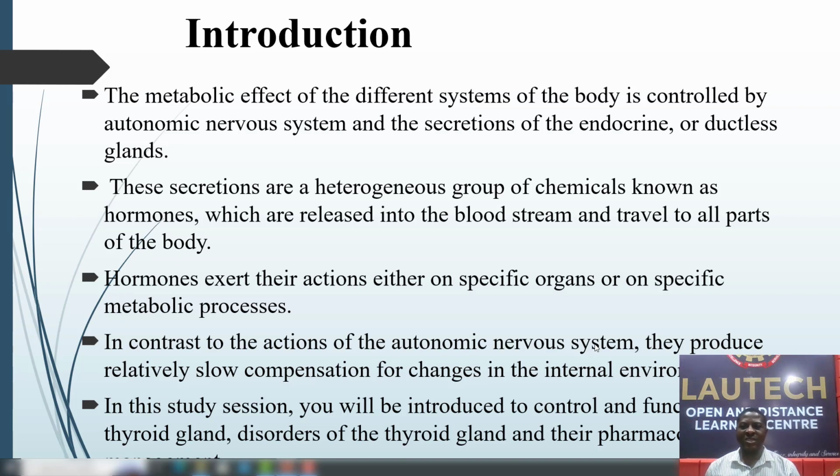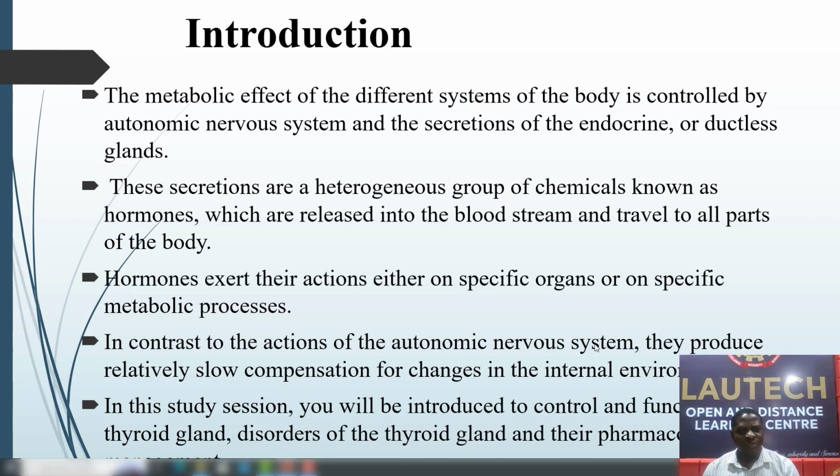Hormones exert their actions either on specific organs or specific metabolic processes. From that statement, you discover that each of the hormones being secreted in the body has its receptors and acts specifically in specific parts of the body to exert its actions.